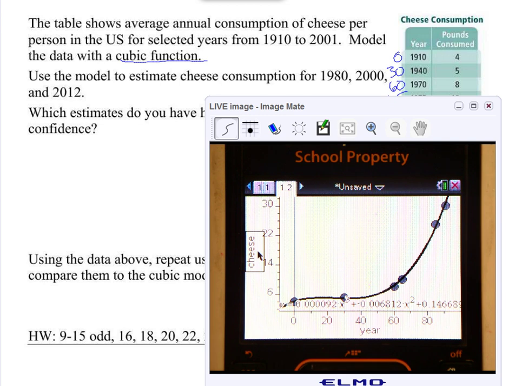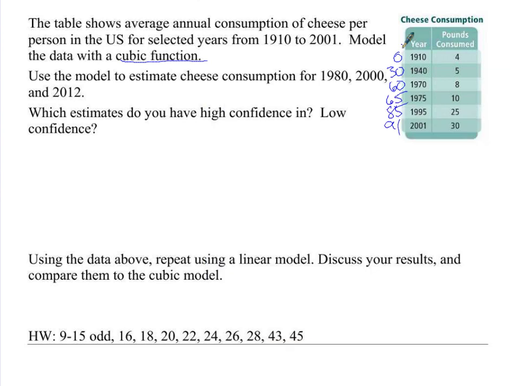So we're going to need to write that equation down, and I'm not going to be able to remember it. So we have y equals 0.000092 x to the third minus 0.006812 x squared plus 0.146689 x plus 4.04261.